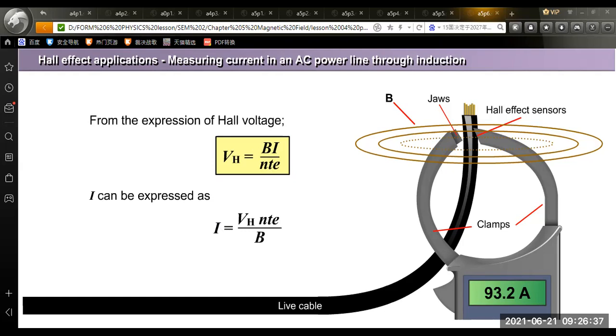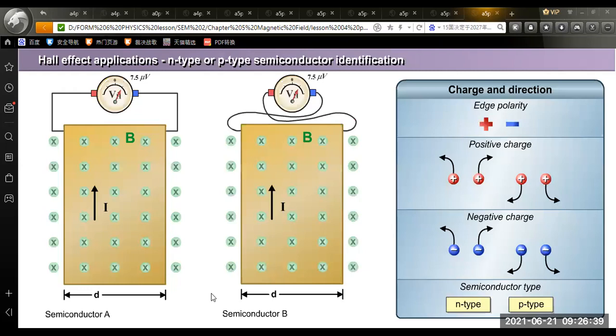Next. So Hall effect application for N-type and P-type semiconductor. Semiconductor A and semiconductor B. So is there any difference? Now we notice the current flow.